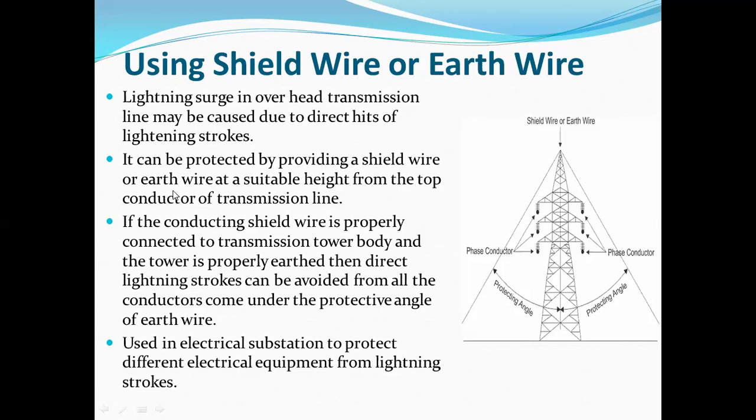So the lightning surge in an overhead transmission line may be caused due to direct hits of lightning strokes. So we have seen that when a lightning stroke is hitting any pole or any transmission line, it is first searching for the tallest point so that it can easily reach towards the earth, right?